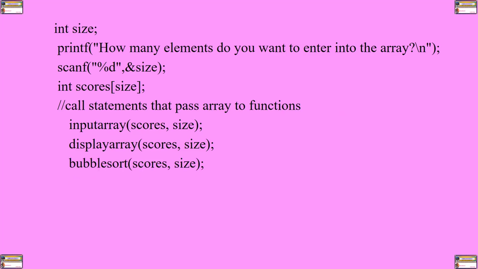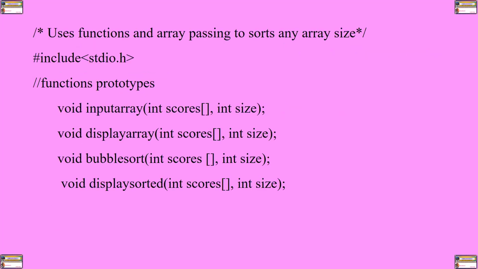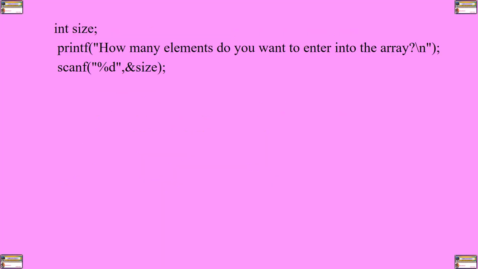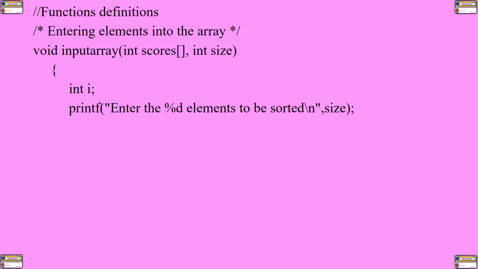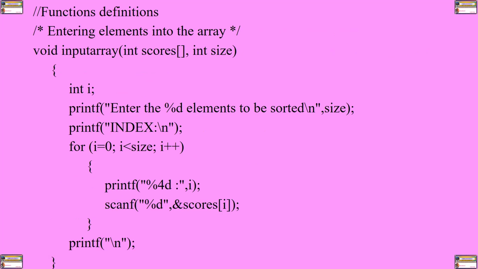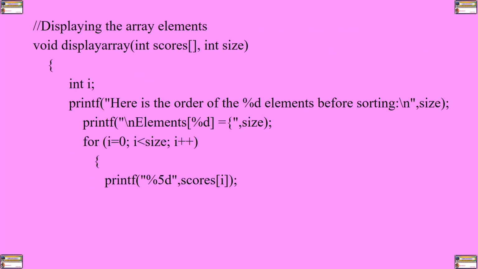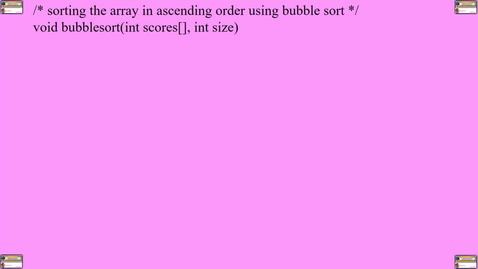Once this statement is read, which is invoking the function called bubble sort and passing into it the array called scores and its size, the control will look for that function. It will find that this function has been prototyped here, meaning that the definition is after main. So the control will be taken after main, and the processor will look for that function called bubble sort.